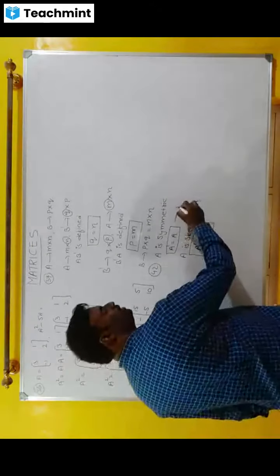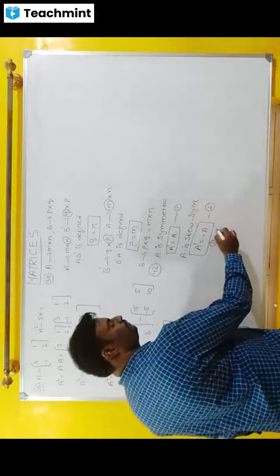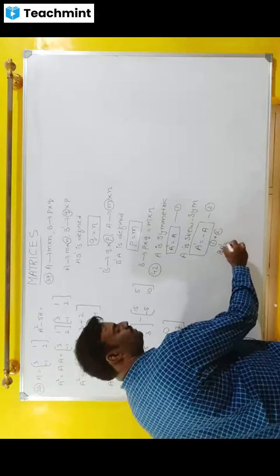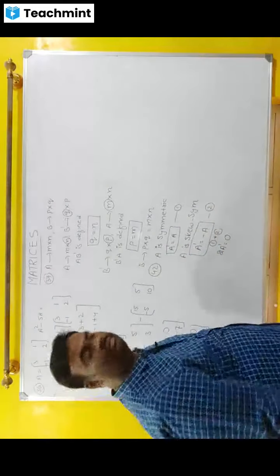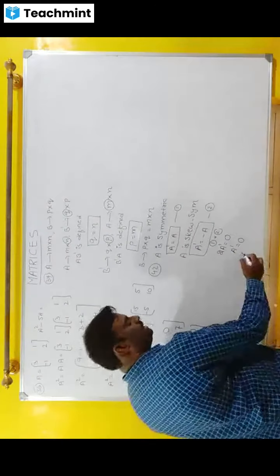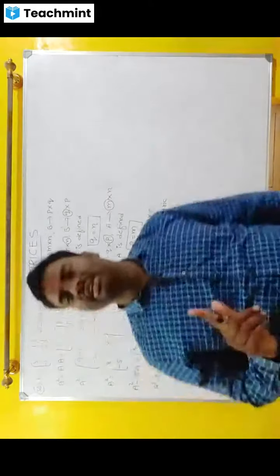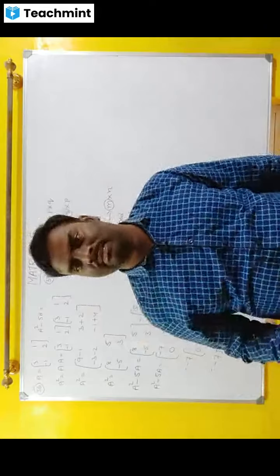Now adding these 1 and 2. A dash plus A dash, 2A dash. A and minus A get cancelled, 0. Then A dash is 0. Then A also 0. 0 is nothing but the null matrix or zero matrix.